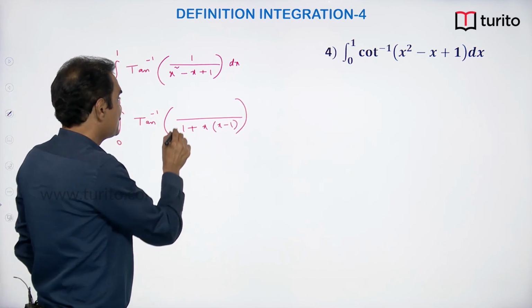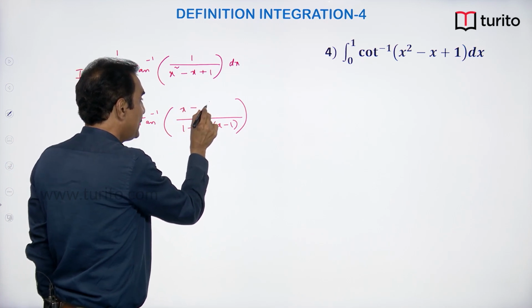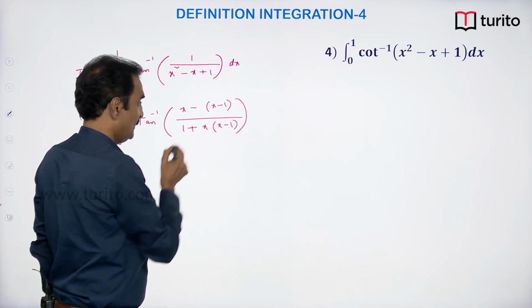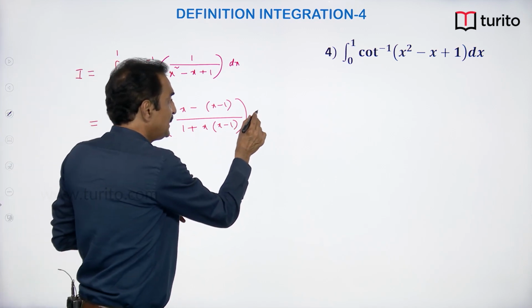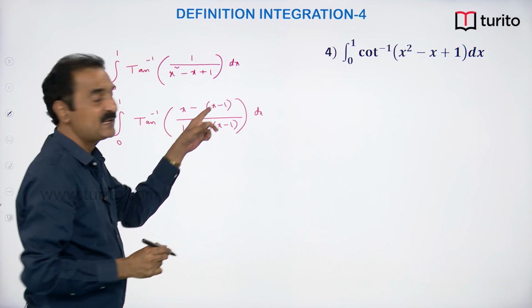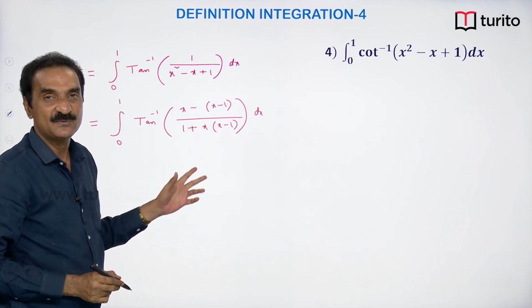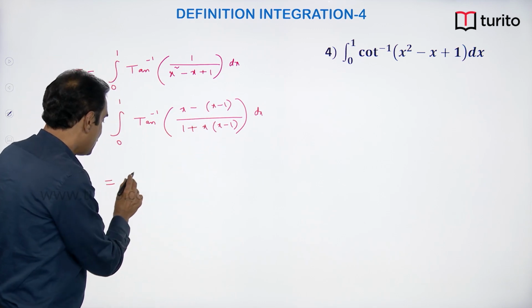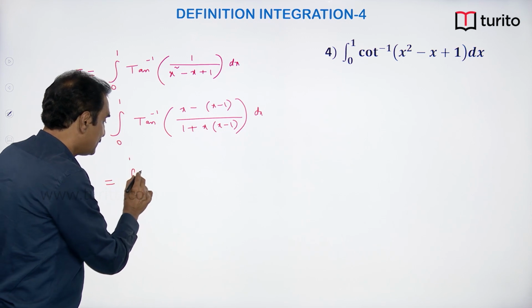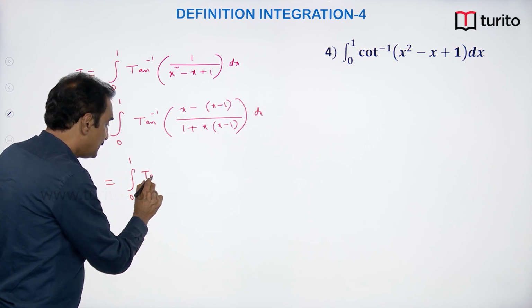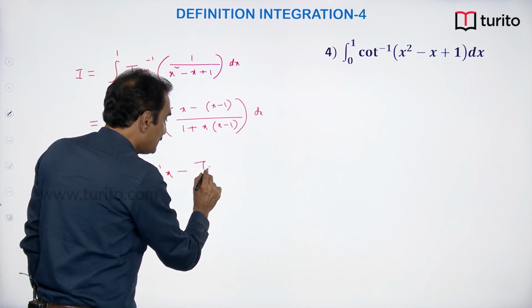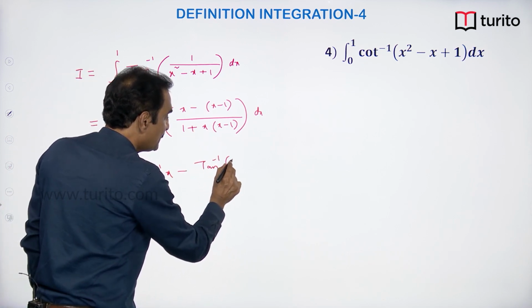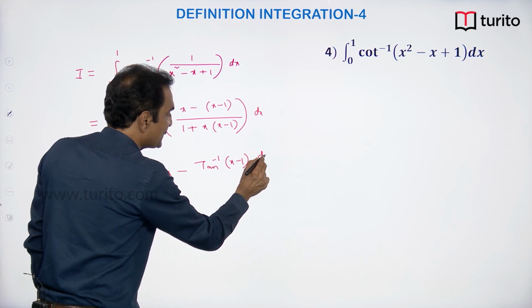Now numerator is x minus of x minus 1, it is 1 only. Now according to the formula, it becomes integral 0 to 1 tan inverse x minus tan inverse of x minus 1 dx.